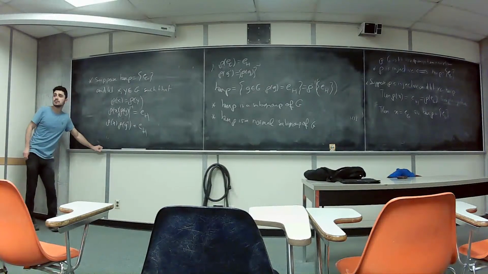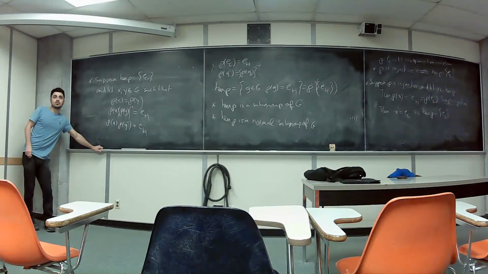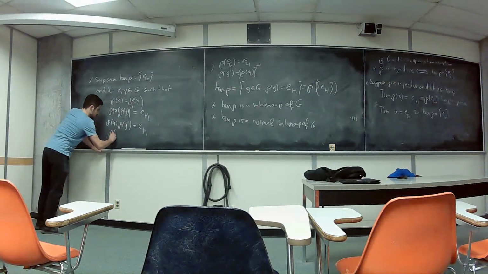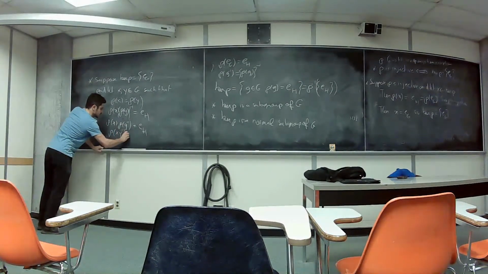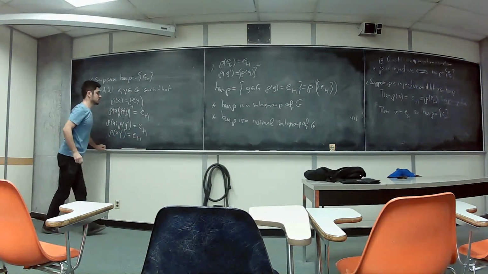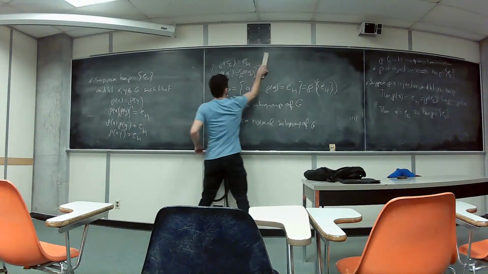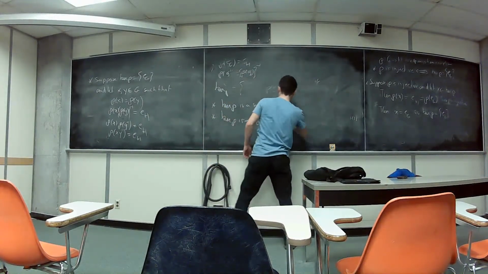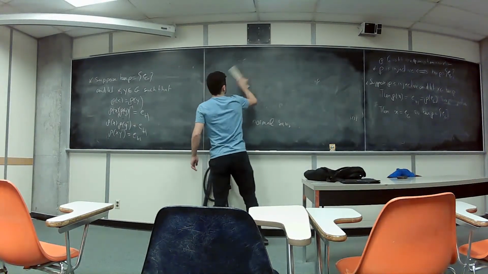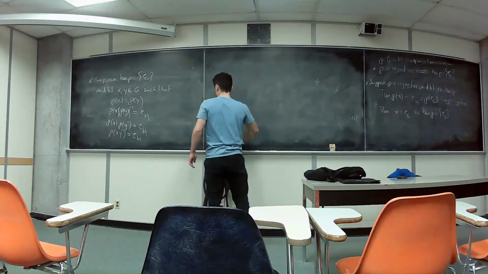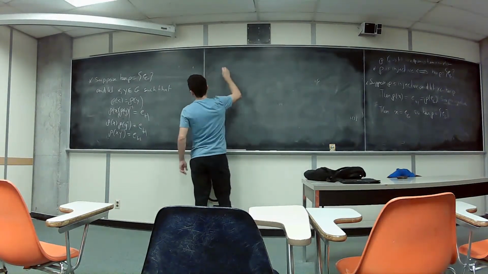What can I then do? What do I know about rho? Rho of XY inverse, very good. So this is rho of XY inverse is equal to EH.